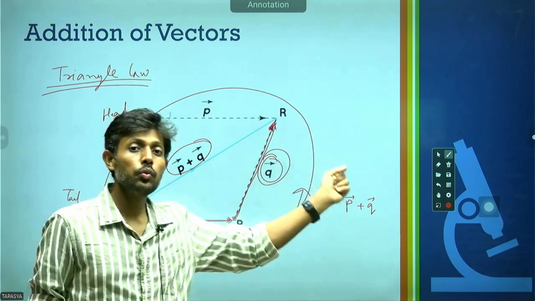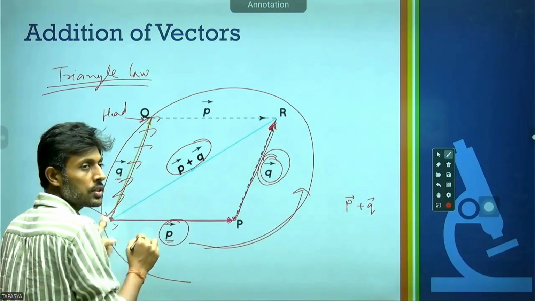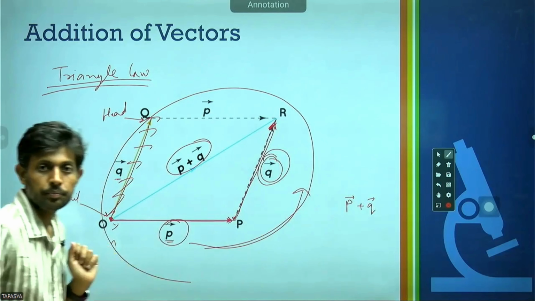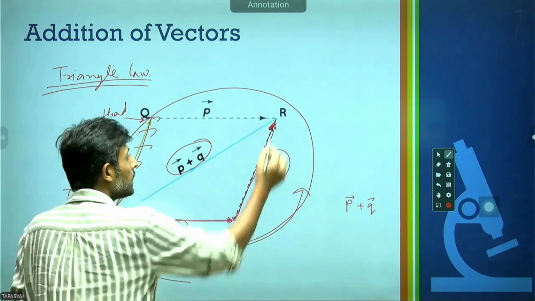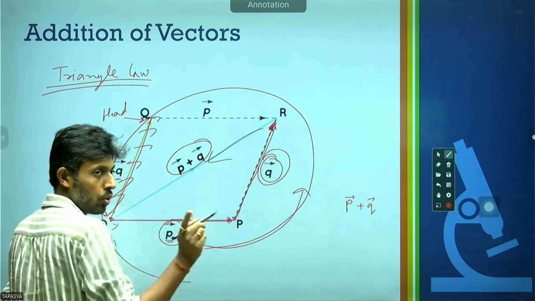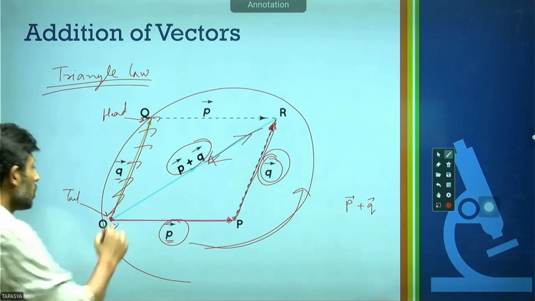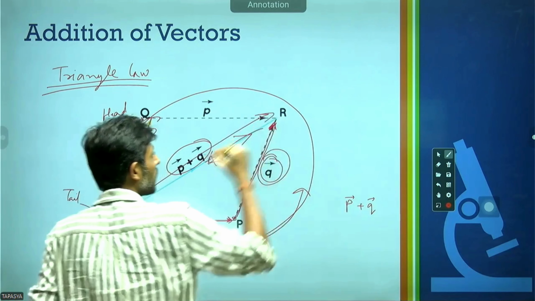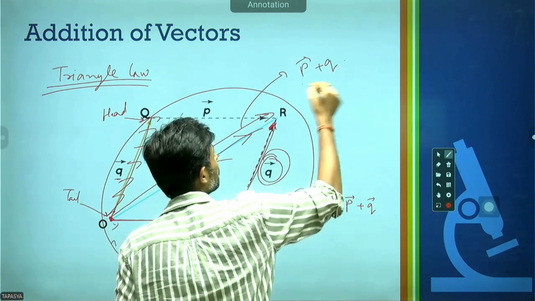The sum of these two vectors is the line joining the tail of the first vector to the head of the second vector in the opposite order, okay? So not in the same anti-clockwise order, but in the opposite order, like this. So this arrow, this ray represents vector P plus Q.